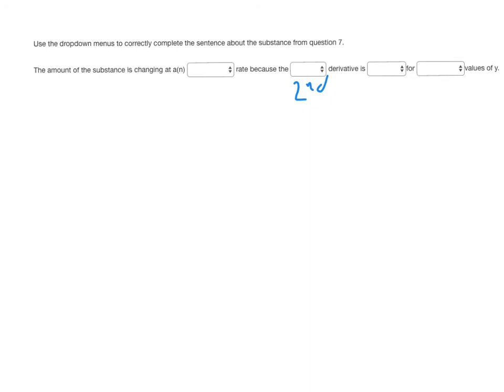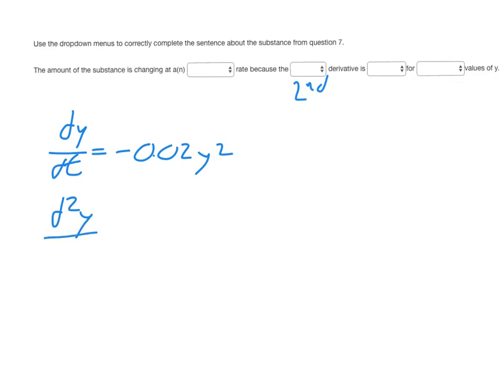So let's start by thinking about what's the first derivative, and then we just take the derivative of that. So same derivative we've been using. dy/dt is equal to negative 0.02 y squared. We'll take the derivative of that. Hopefully that's easy enough. I need the second derivative with respect to t both times.